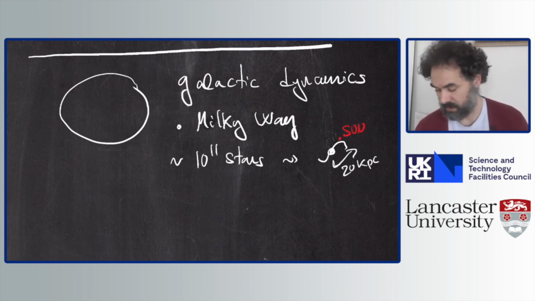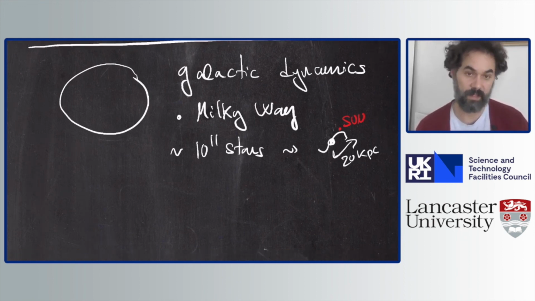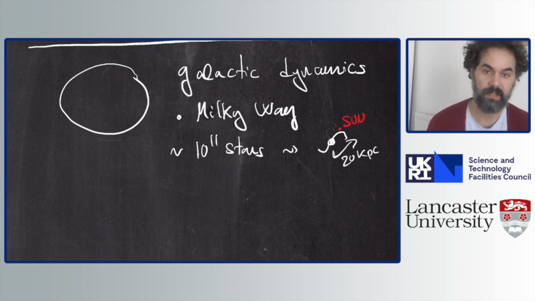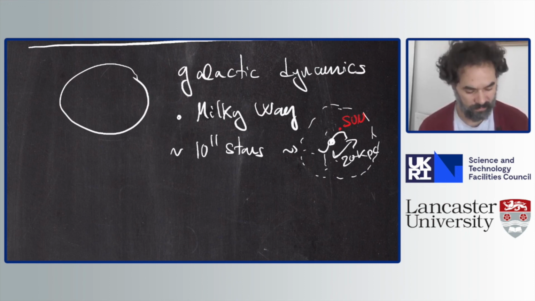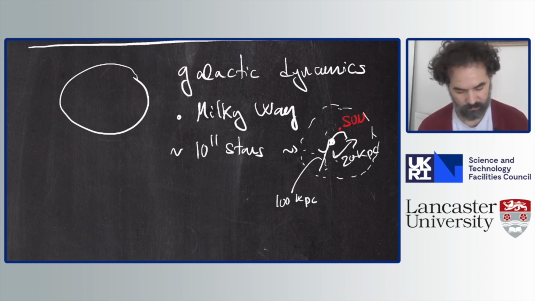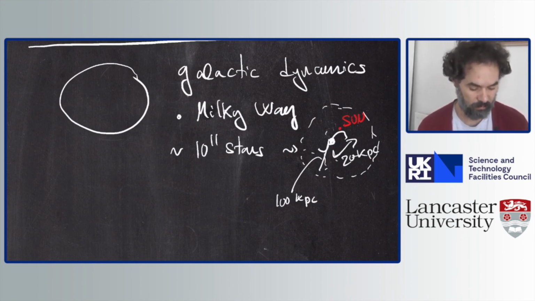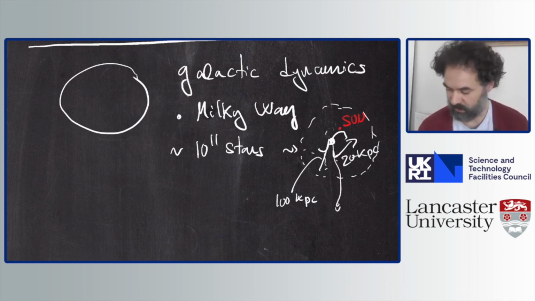The mass distribution is mostly in the disk, but there are others. There's a bulge. There are other places where stars live, and there is a dark matter halo surrounding it that extends to 100 kiloparsecs. And also in the center of the Milky Way, by the way, there's a huge black hole which has mass 10^6 solar masses.